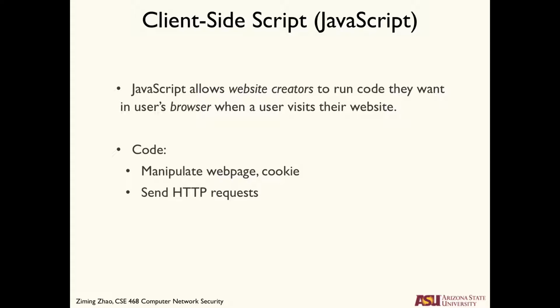JavaScript allows web developers or web creators to run the code they want in the user's browser when a user visits their website. And JavaScript can manipulate the web pages, manipulate cookies, and send out requests. So technically, it can read the cookies of this website and send them out to other websites.